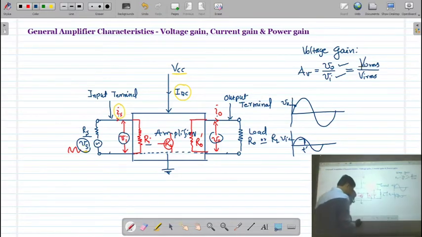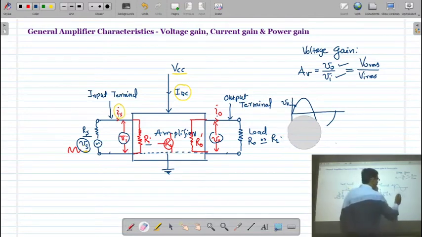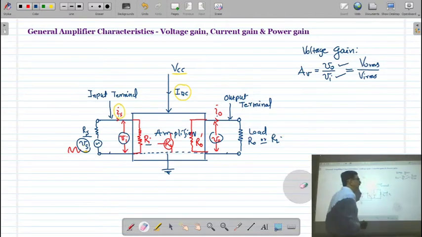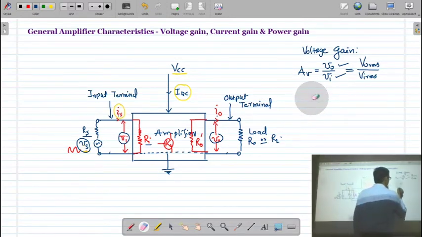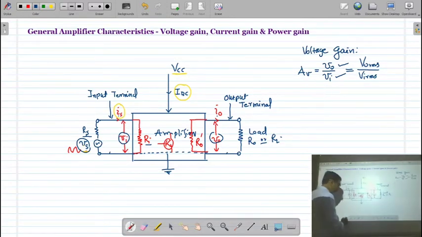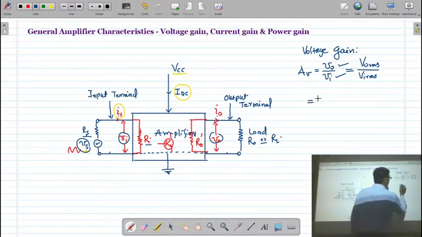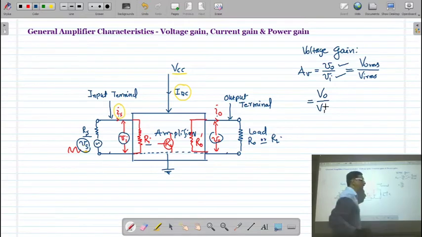So whenever you are calculating the gain of the amplifier, you always have to consider the RMS value, or you can consider the peak value or the peak to peak value.